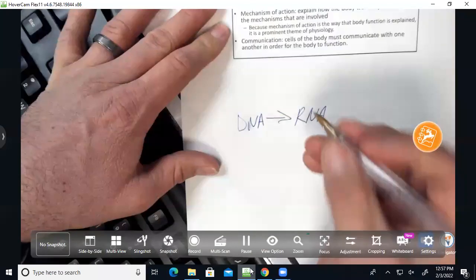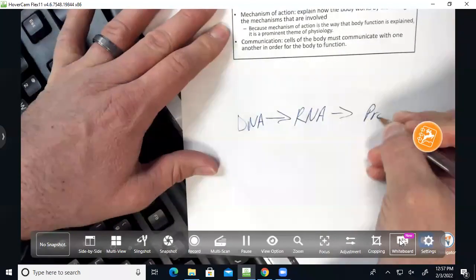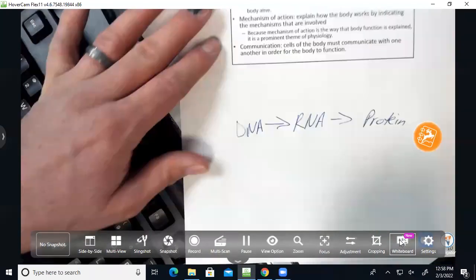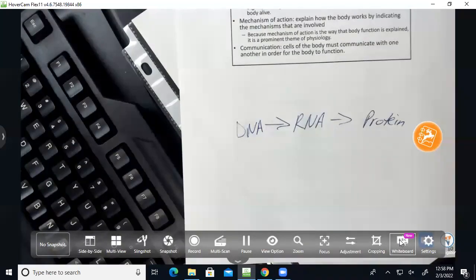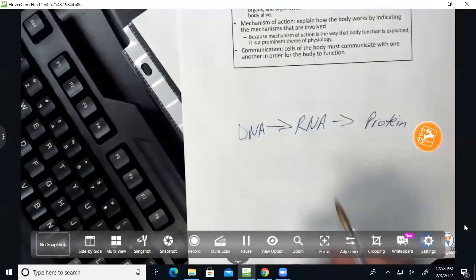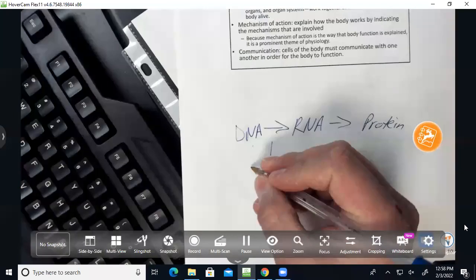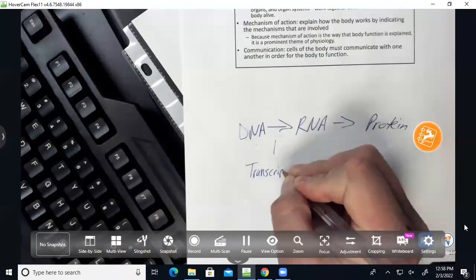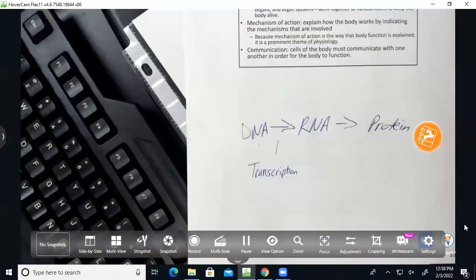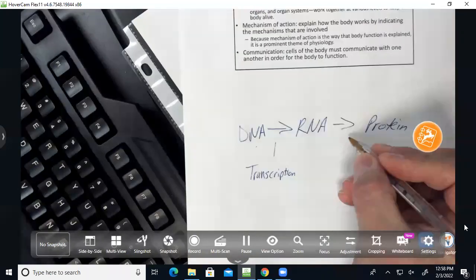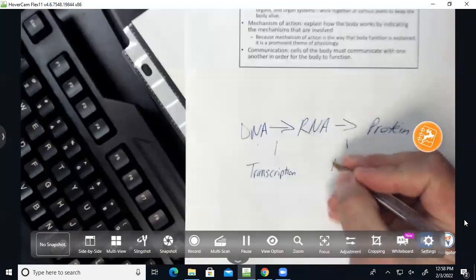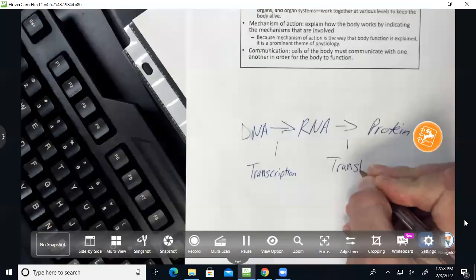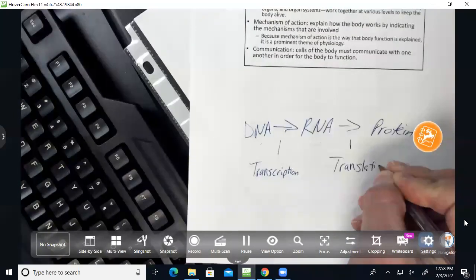Then you take that RNA and you make a protein. The process where we go from DNA to RNA, that's what we call transcription. Where we go from RNA to the protein, that's what we call translation.